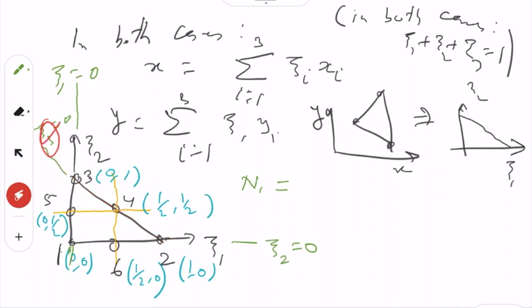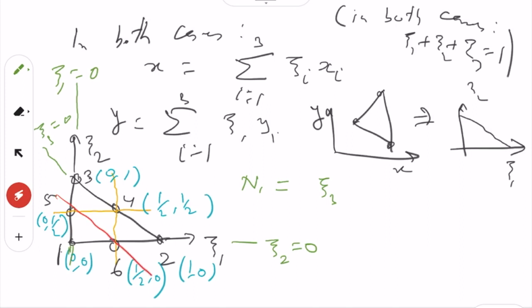Sorry, the xi3 equal to 0, so you can multiply xi3, which means xi3 is equal to 1 minus xi1 minus xi2, so we get that, but they are related. Okay, so xi3 is not a real coordinate, but this is a combination of xi1 xi2. So if you know xi1 xi2, you know the xi3, so we write xi3, and then this takes care of this one, where xi3 is 0, n1 will be 0 automatically.